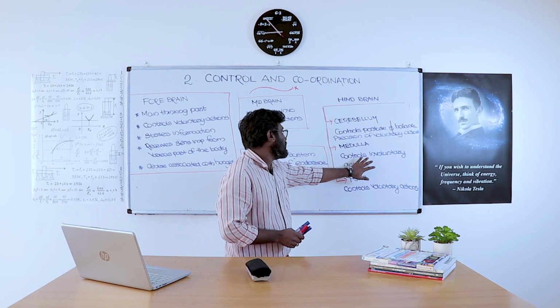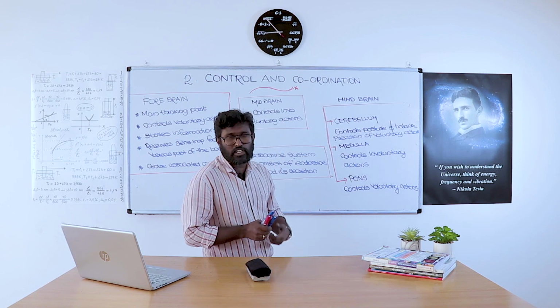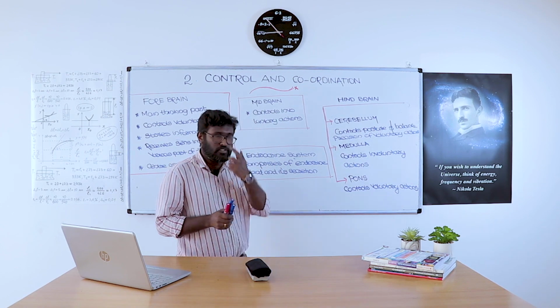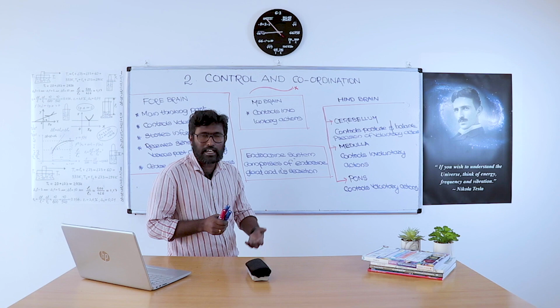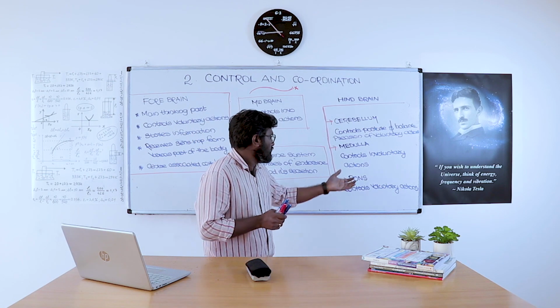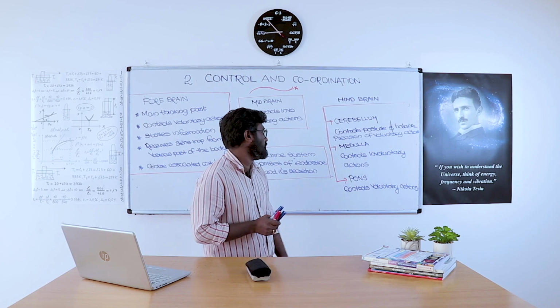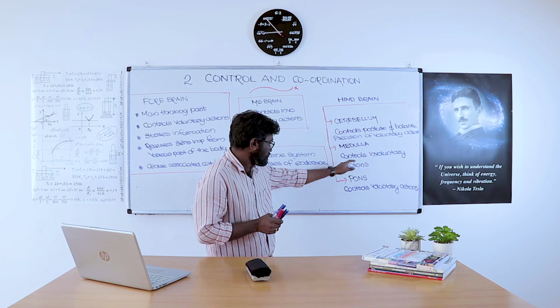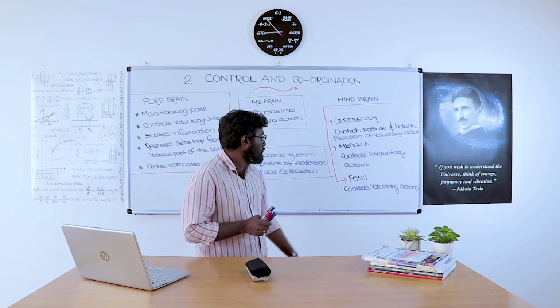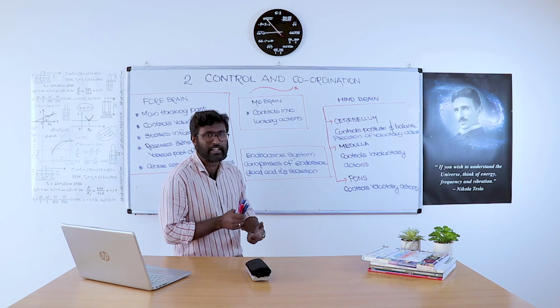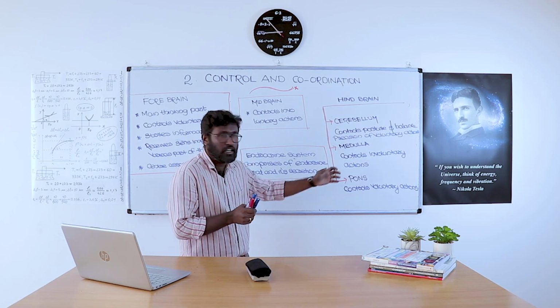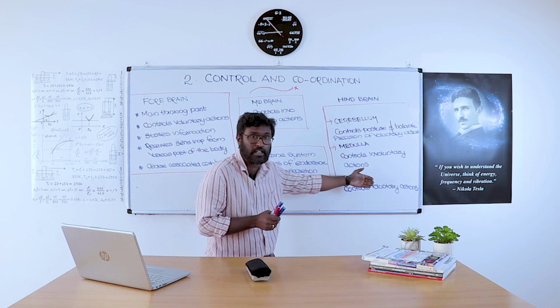The medulla controls involuntary actions such as salivation. The pons controls voluntary actions and helps in the respiration process.